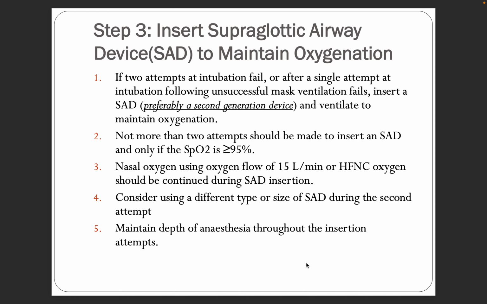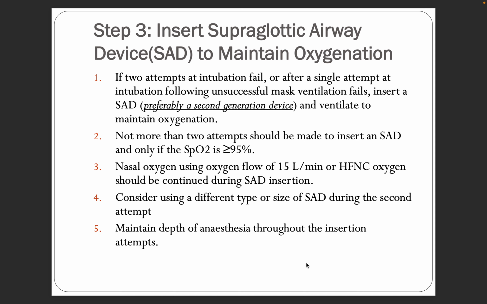Now coming to step 3, that is insert SAD, or supraglottic airway device, to maintain the oxygenation. If 2 attempts at intubation fail, or a single attempt at intubation following an unsuccessful mask ventilation fails, insert a SAD, preferably a second generation device, and ventilate to maintain the oxygenation.